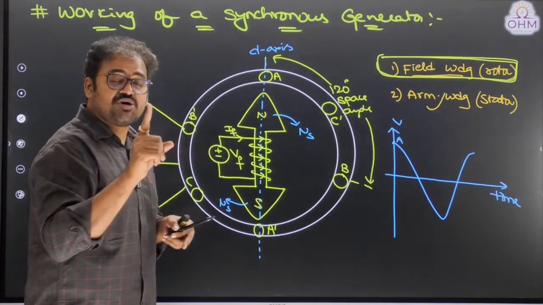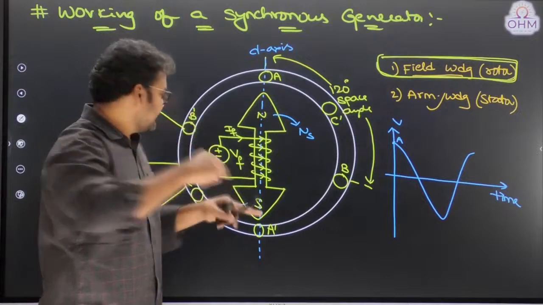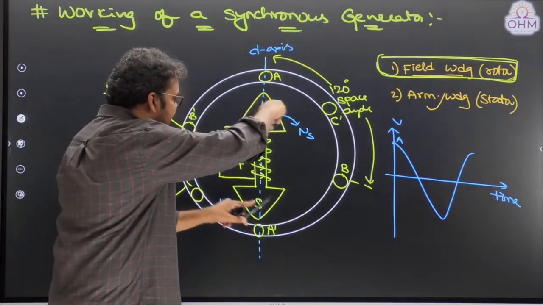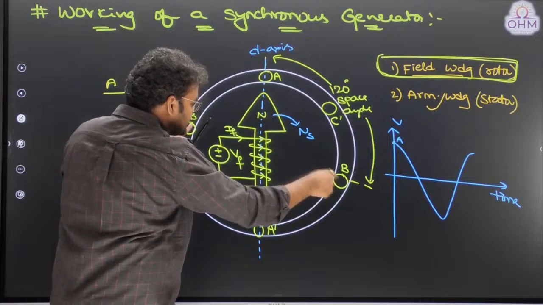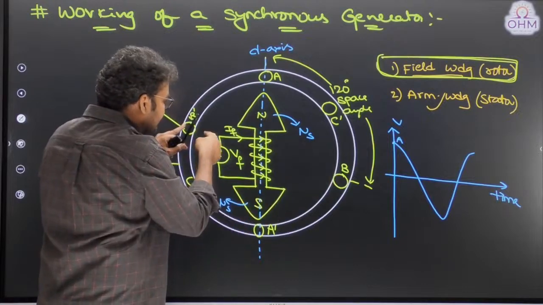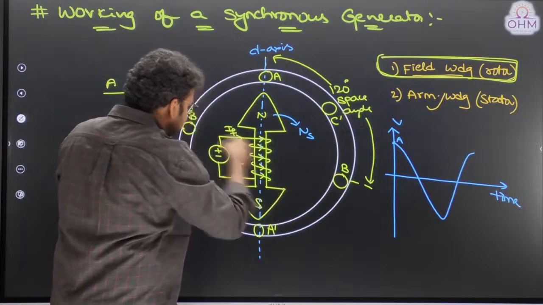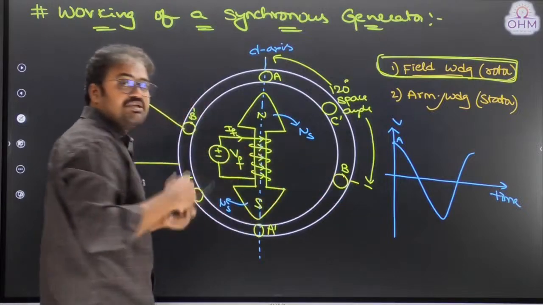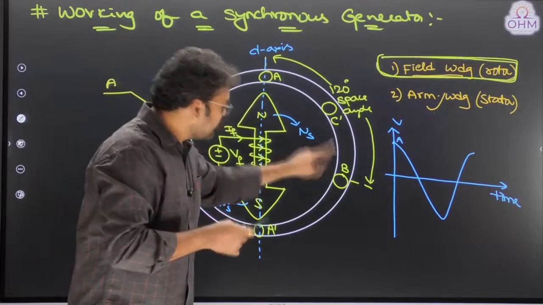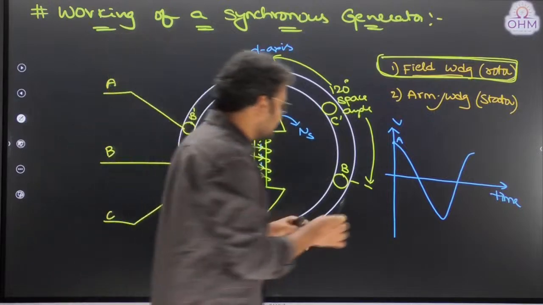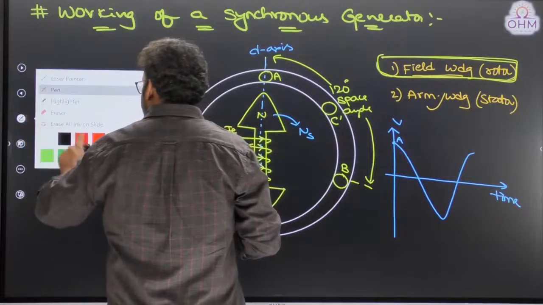This is possible only if you rotate the rotor, guys. If you rotate the rotor exactly 120 degrees, north pole is at B position, south pole at B dash position. Now the direct axis is along phase B. That means phase B voltage will be maximum after 120 degrees.